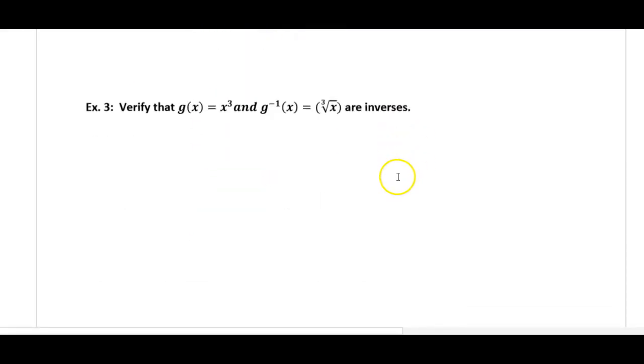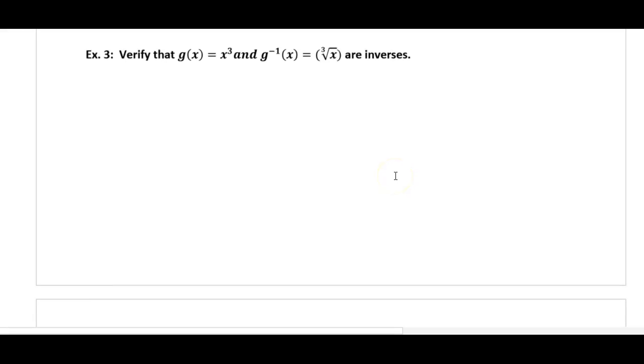Okay, so let's take a look at this. How would we verify that g of x and g inverse of x are inverses? Well, the first thing I'm going to do is evaluate g of g inverse x. So what is g inverse of x? That's this here.